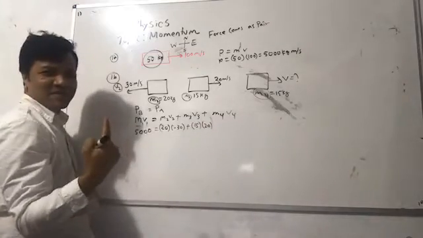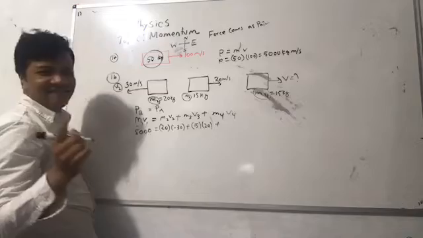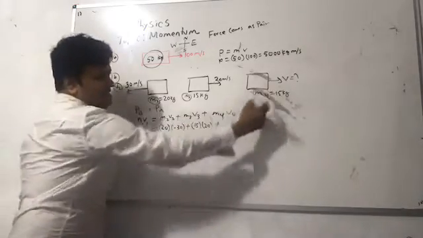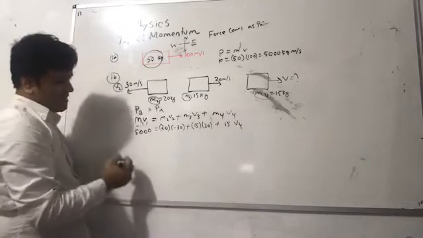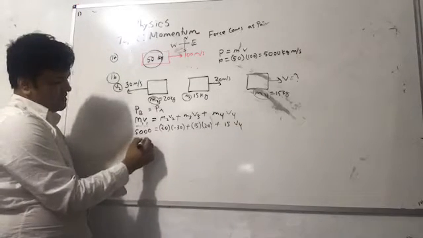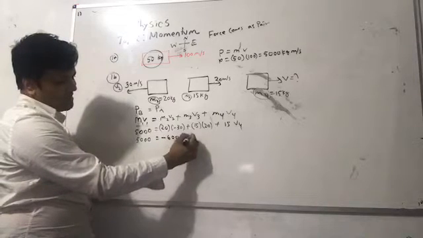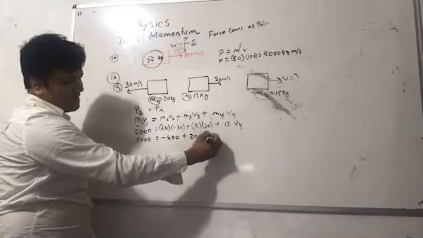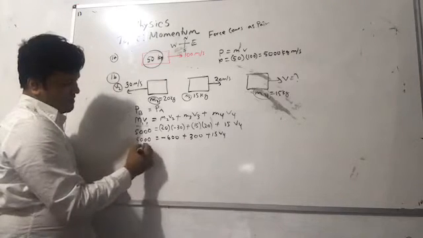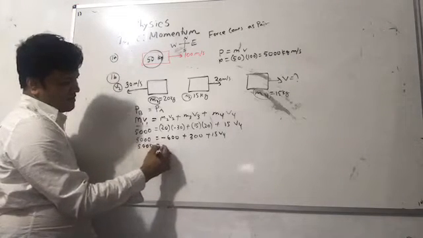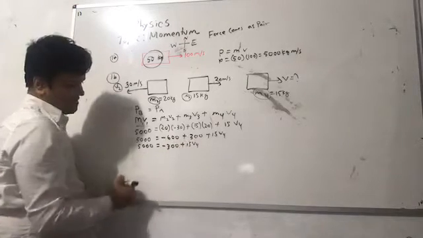This time it is positive because it is moving to the east. Plus M4 is 15. And V4 is something we are trying to find. So 5,000 is equal to negative 600 plus 300 plus 15 V4. So 5,000 is equal to negative 300 plus 15 V4.